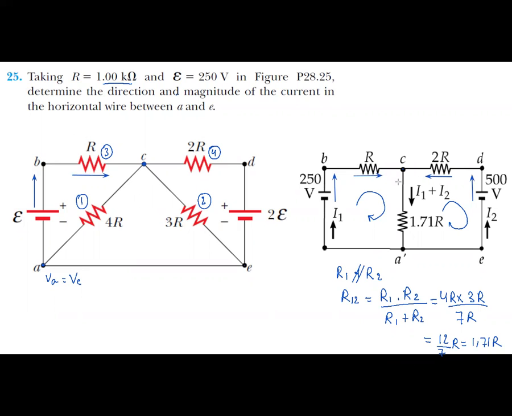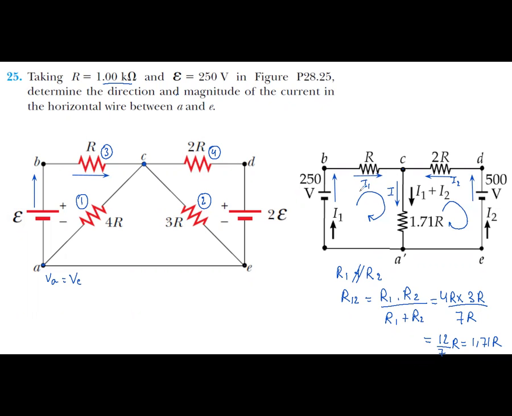Here we get I out. So here we have I1, here we have I2, and here we have the summation, let's say I, which is equal to I1 plus I2.